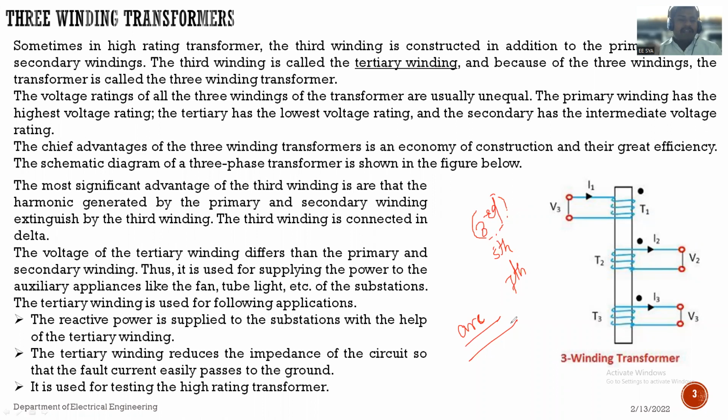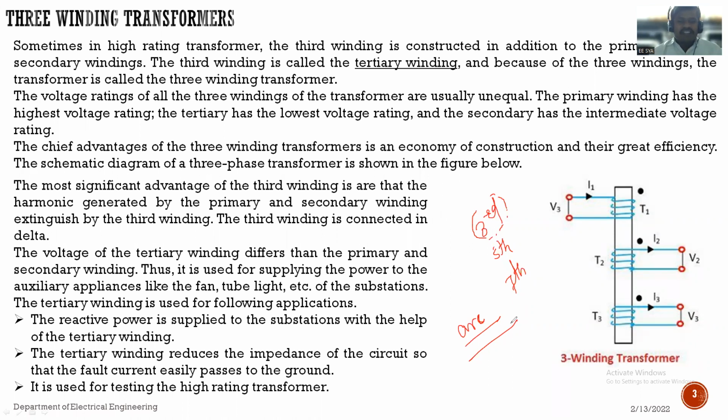If the arc is extinguished by using a vacuum, this type is called a vacuum circuit breaker. If the arc is extinguished by using another gas like SF6 gas, the circuit breaker is an SF6 circuit breaker. This part you will understand better in your switchgear and protection subject.